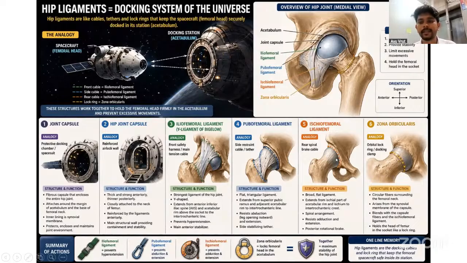Last है ischium of the pelvis gets attached to the femur. तो pelvis के 3 पार्ट्स होते हैं, ilium, ischium, pubis. ये तीनों फीमर को अटैच होते हैं और तीनों को अपने अपने नाम दिए गए हैं, इलियोफेमोरल, प्यूबोफेमोरल और इशियोफेमोरल लिगामेंट. Last but not the least is zona orbicularis, यानी कि ऑर्बिटल लॉक डॉकिंग क्लैंप.